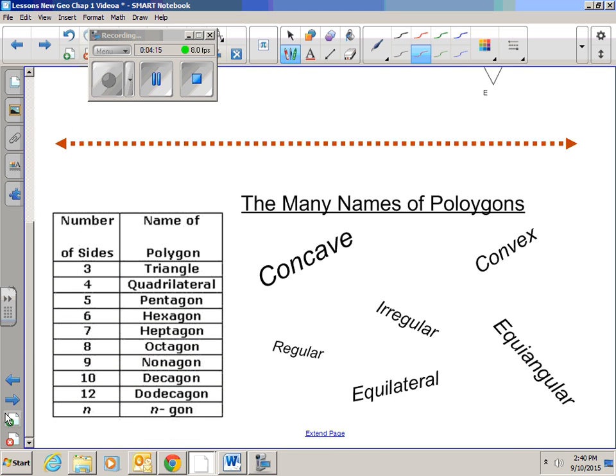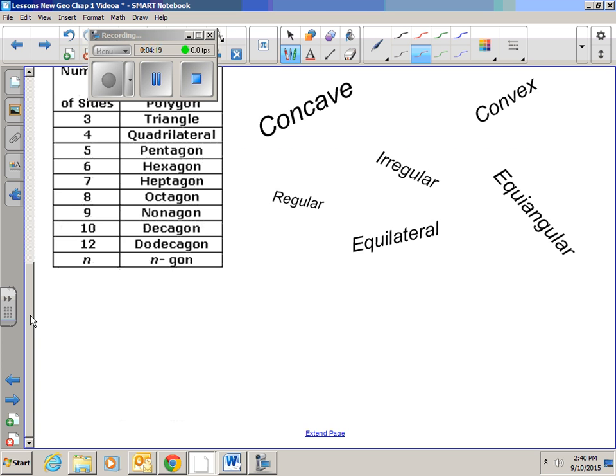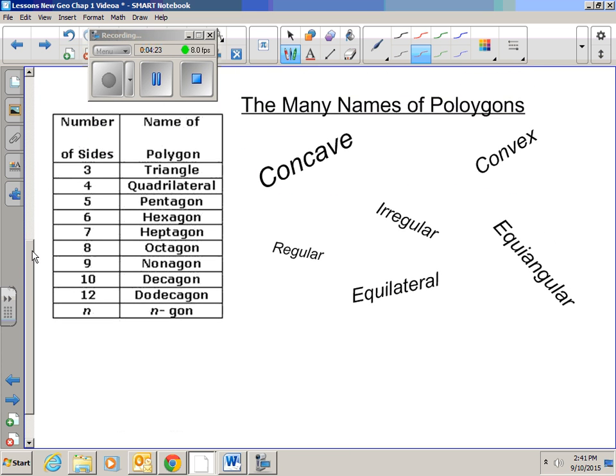We also need to be able to name polygons by their number of sides. A 3-sided polygon is called a triangle. A 4-sided polygon is called a quadrilateral. An 8-sided polygon is called an octagon. I do want you to know that a 12-sided polygon is called a dodecagon.